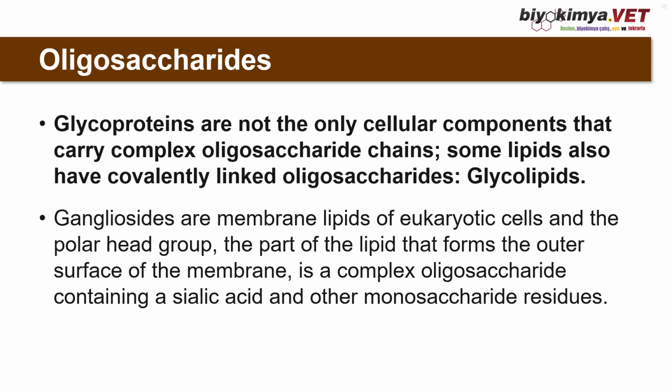So this means the gangliosides are a type of glycolipids. Some of the oligosaccharide moieties of gangliosides, for example, those that determine human blood groups, are identical to those found in certain glycoproteins and therefore also contribute to blood group type. Like the oligosaccharide moieties of glycoproteins, the membrane lipid moieties are usually, perhaps always, found on the outer surface of the plasma membrane.